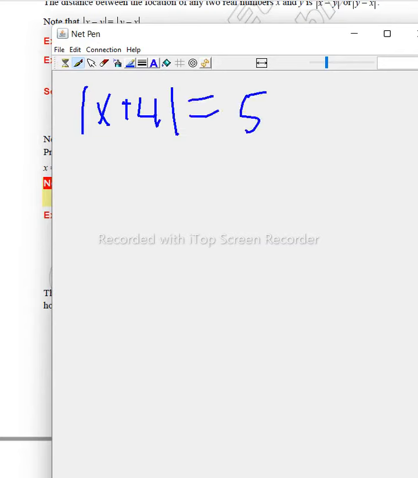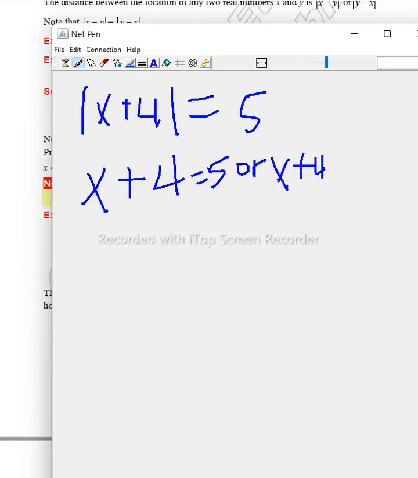We can write this equation like this: x plus 4 is equal to 5, or, since any number out of absolute value can be minus or plus, x plus 4 is equal to minus 5.